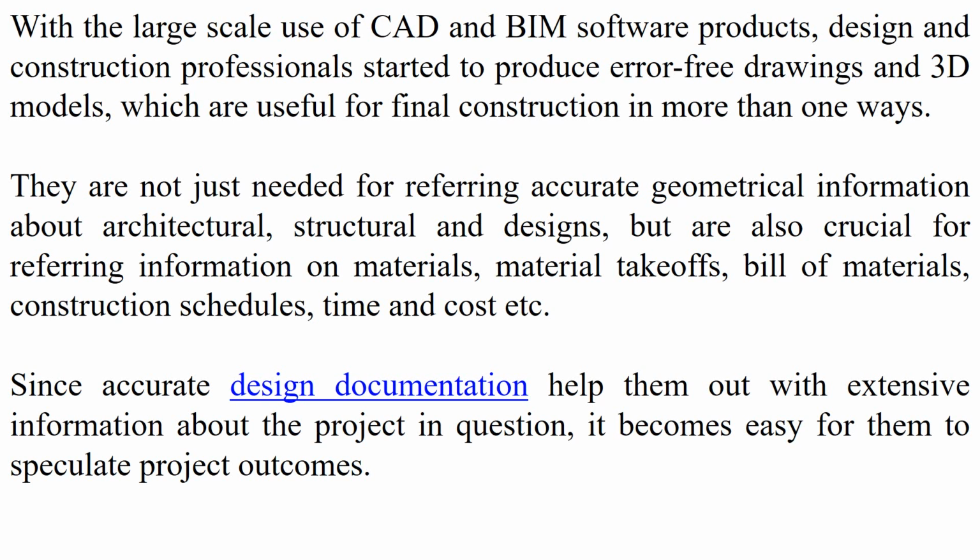Since accurate design documentation gives extensive information about the project, it becomes easy to speculate project outcomes. Okay. By analyzing comprehensive project information, professionals can easily visualize or predict potential on-site challenges. And since the entire building design is still in digital form, it remains convenient for building professionals to make necessary changes in the project in order to avoid potential construction challenges.